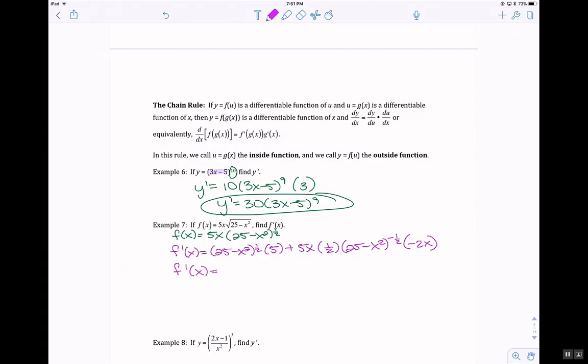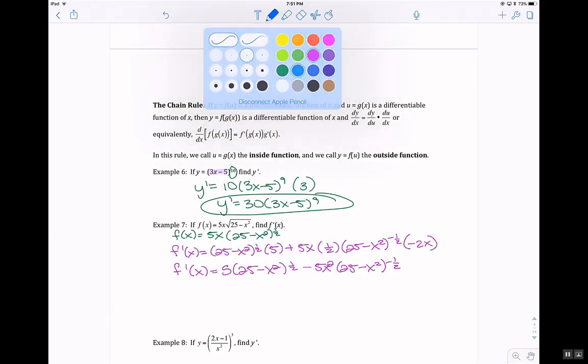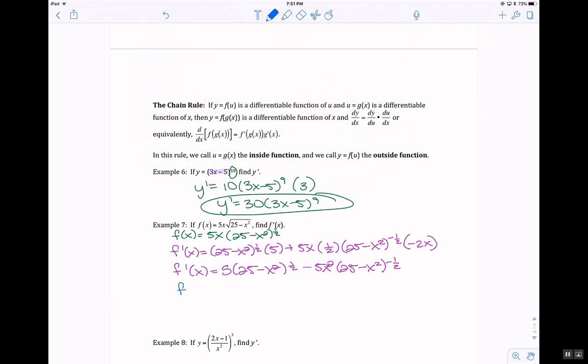So then my f prime of x is 5 (25 minus x squared) to the 1/2 minus 5x squared (25 minus x squared) to the negative 1/2. And remember, this is like our factoring, like we did in our summer work. F prime of x, pull out my negative exponent, so (25 minus x squared) to the negative 1/2. I could also pull out a 5 if I wanted to.